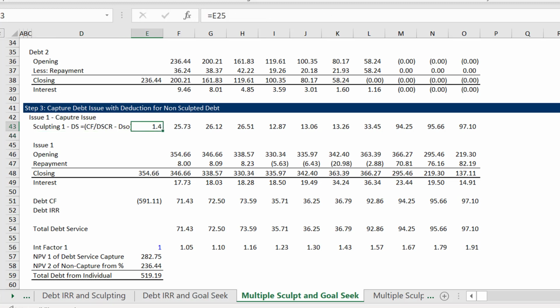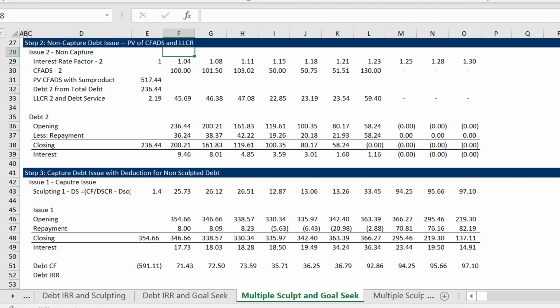Okay, so this is why I computed the non-capturing debt issue first. We subtract that amount that we've computed, and this could be 10 different issues, and this gives you the amount left over. And then we get our sculpting, and when we're all finished, the sculpting will all work, except for one enormous thing here.